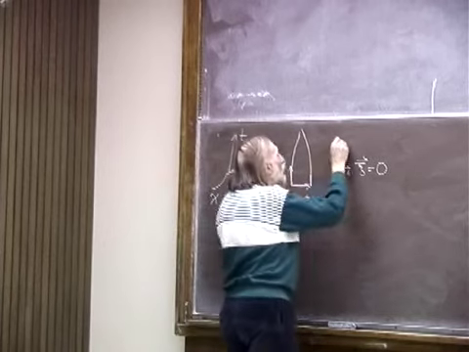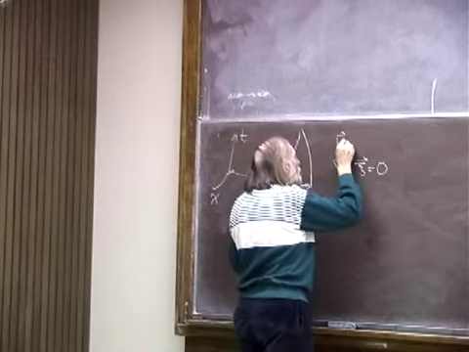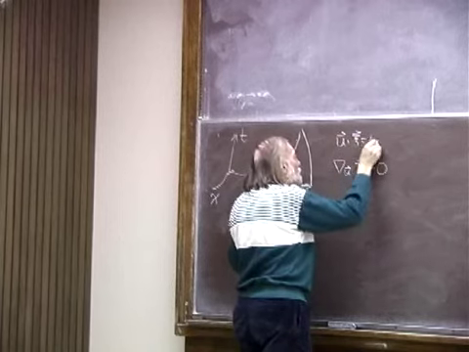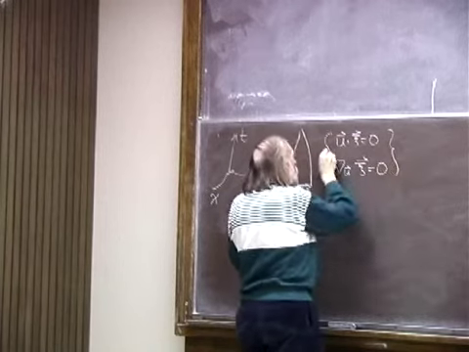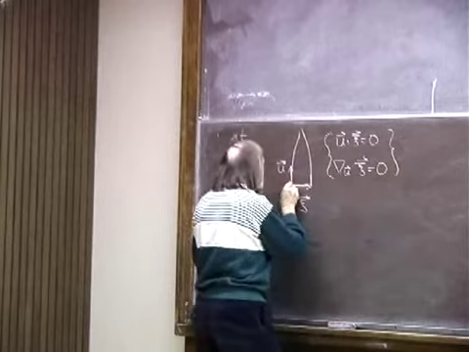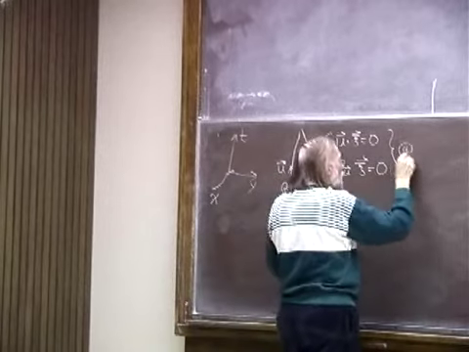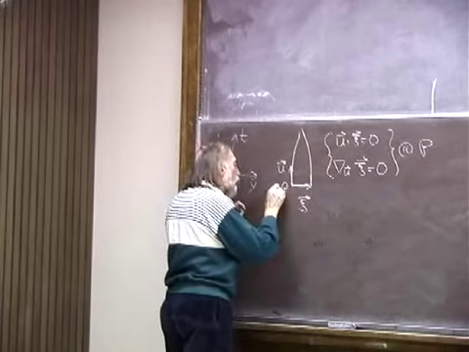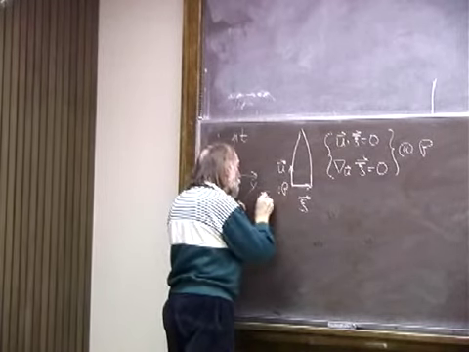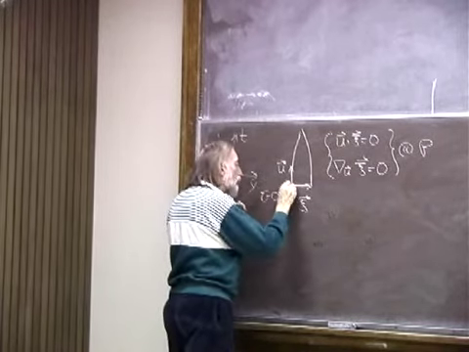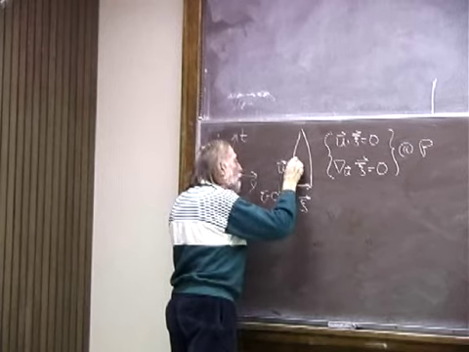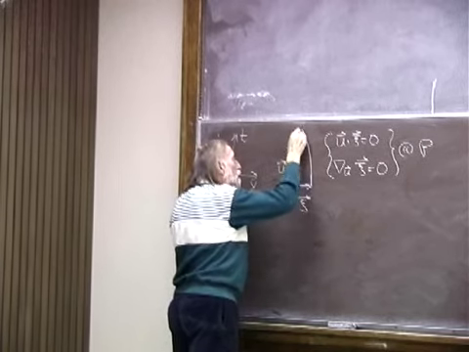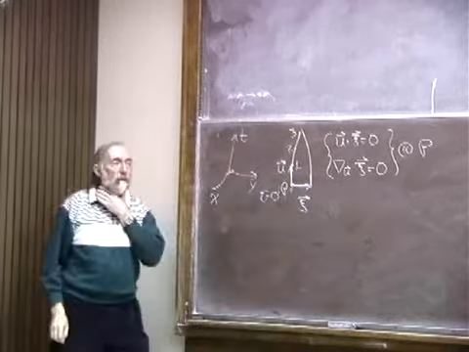So I'm asking that u dot c is equal to 0, and these are true initially. So at the initial point p, let's call that τ equals 0 along this world line. So here's τ equals 0, here's τ equals 1, 2, 3, and so forth.